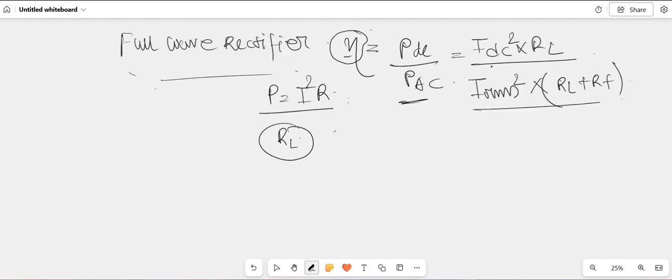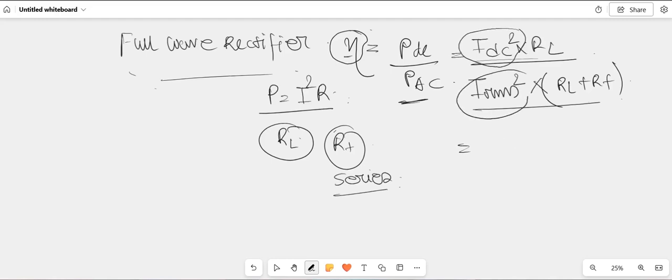This RF is just a series resistance which is connected in the full wave rectifier to limit the current. So we will find the values of IDC and IRMS and put them here to get the total calculation.